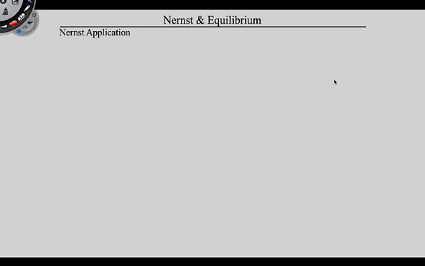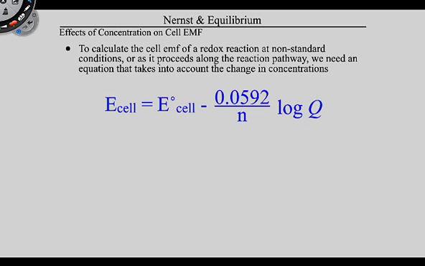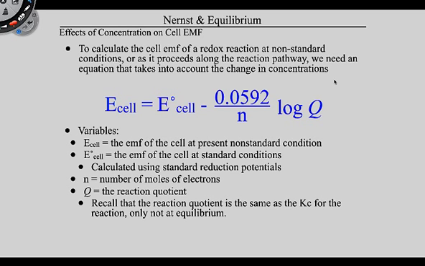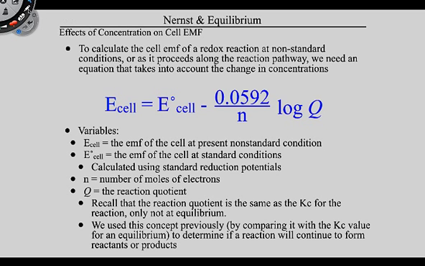Q is Kc at non-equilibrium conditions. So this is products divided by reactants. So guys, given that, let's talk about the significance of this subtraction sign.